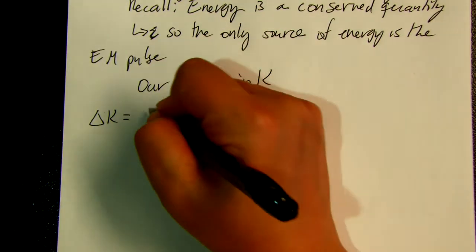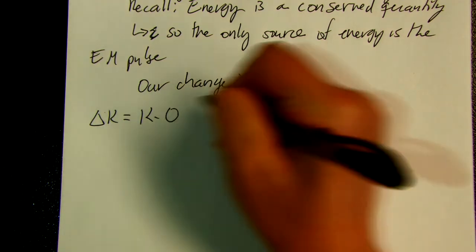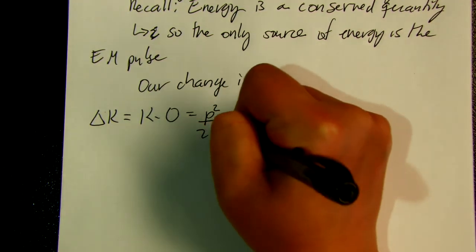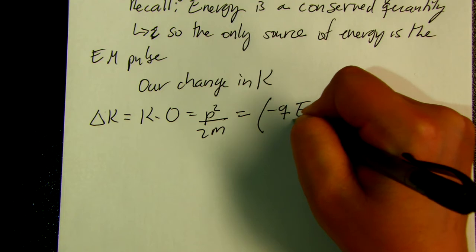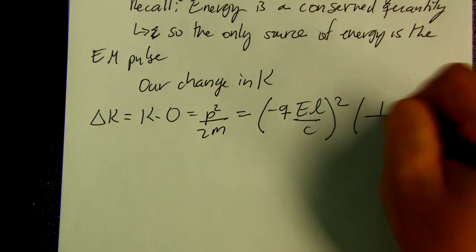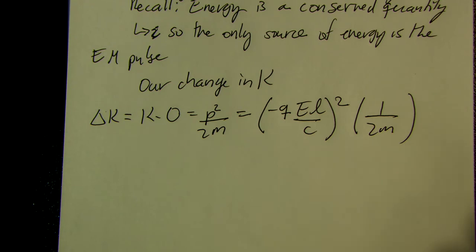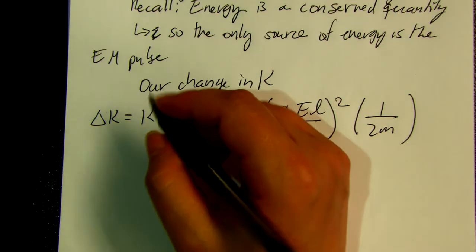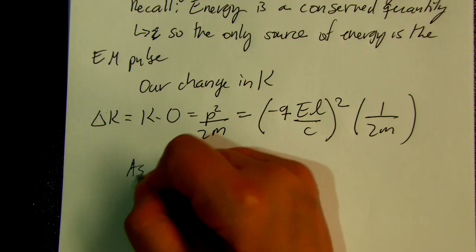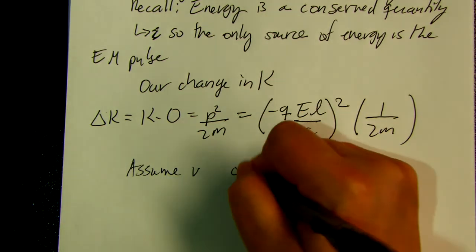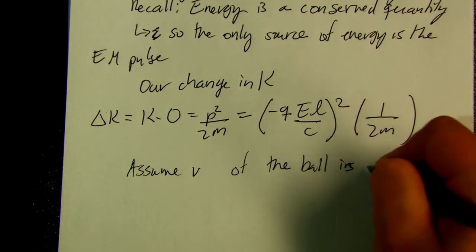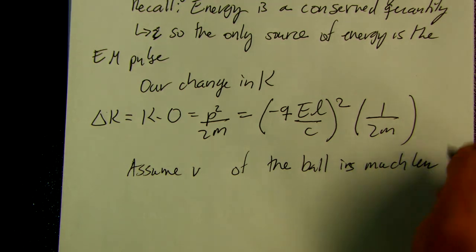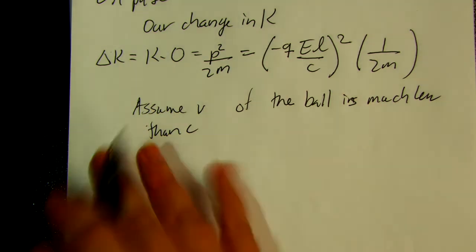Like, it really builds. Delta K is equal to K minus 0 is equal to P squared over 2M, is equal to minus Q E L over C, quantity squared, 1 over 2M, because remember we calculated our momentum prior. We're going to assume safely the V of the ball, the speed of the ball, is much less than C, so we don't have a relativistic spring going on, pretty reasonable.